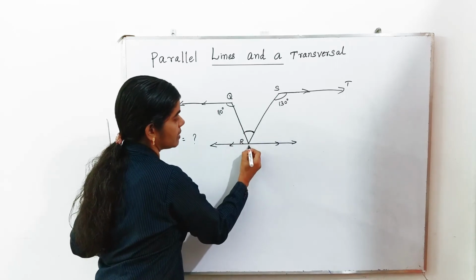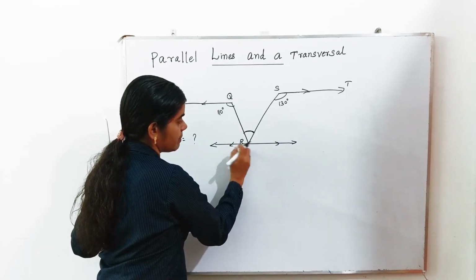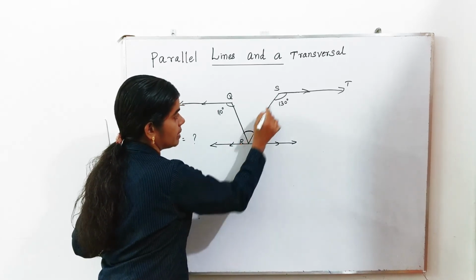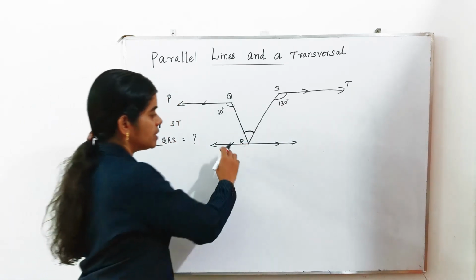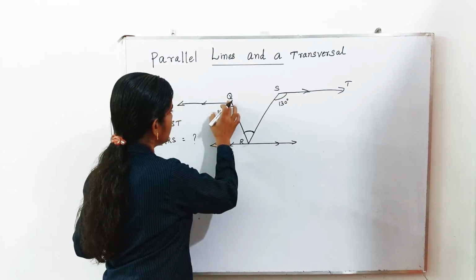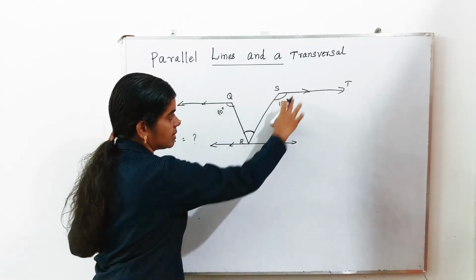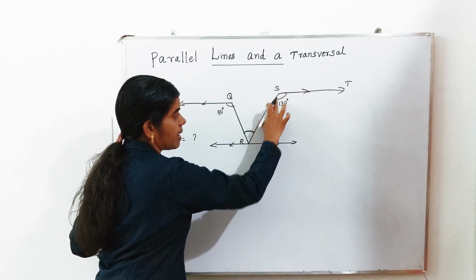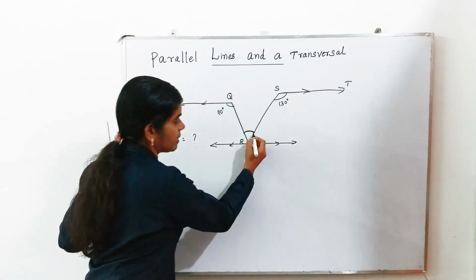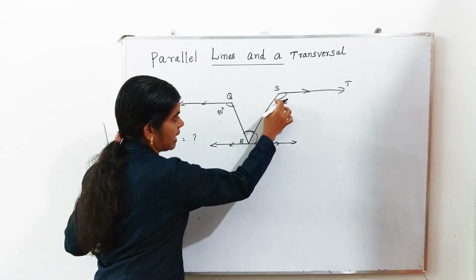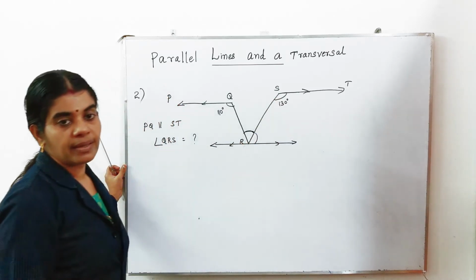If I mark this point, already marked there R, then SR will be like a transversal. We draw this line parallel to QP and ST. Therefore, these two are parallel lines and RS will be a transversal. Then, what about this angle?